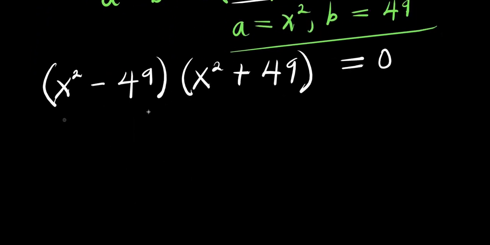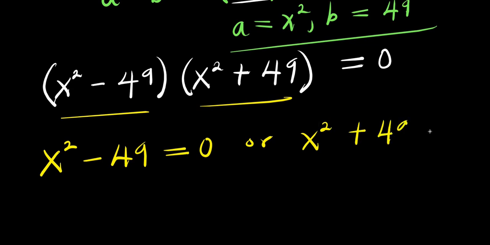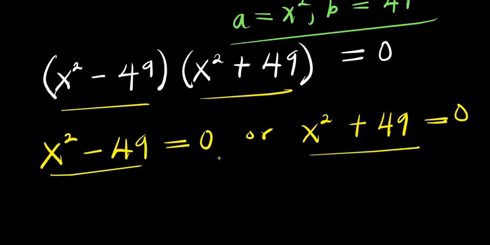Let's equate each of them to 0. So x squared minus 49 equals 0, or we have x squared plus 49 equals 0. So let's solve these individual equations.